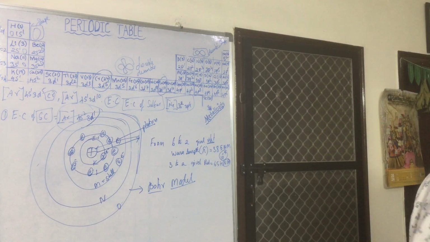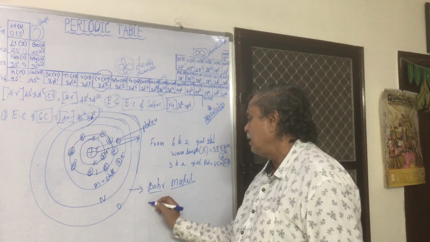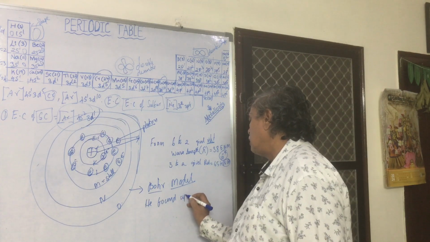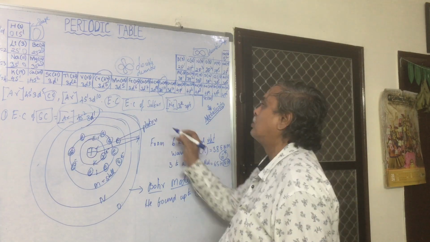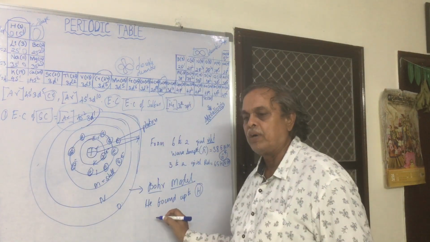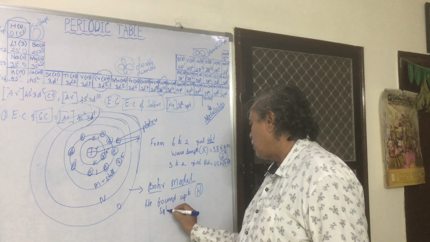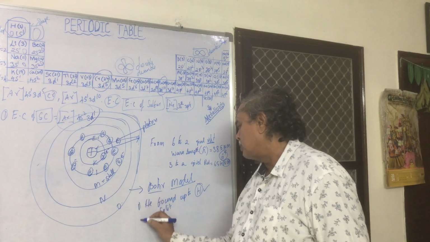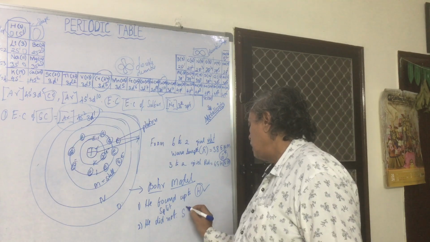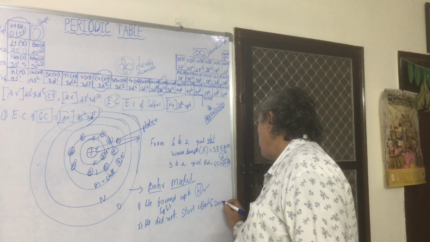It did not explain the Zeeman and Stark effects. The first defect is that it worked only up to hydrogen; it doesn't go beyond hydrogen. The second point is that it could not explain the Stark effect and the Zeeman effect.